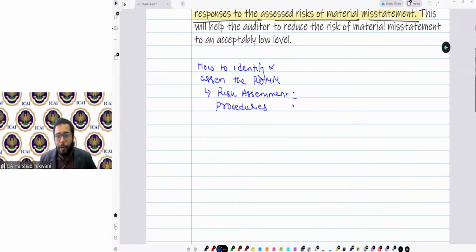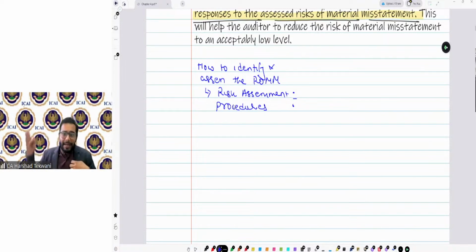Now, how to perform risk assessment? That is one important question. Let's say, for example, when we were understanding the types of risk, what is the process? With respect to unauthorized processing of invoices, how will we come to know that is a risk?